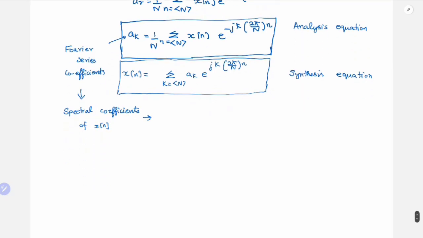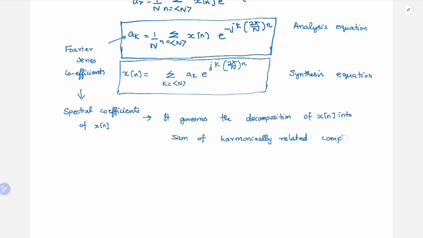Because it governs the decomposition of x[n] into a sum of harmonically related complex exponentials.